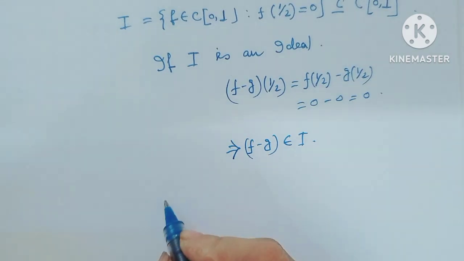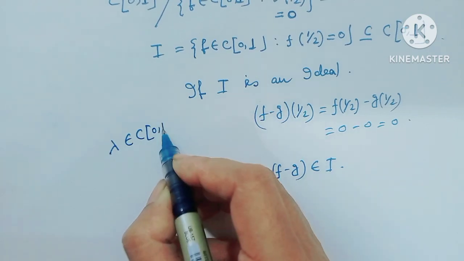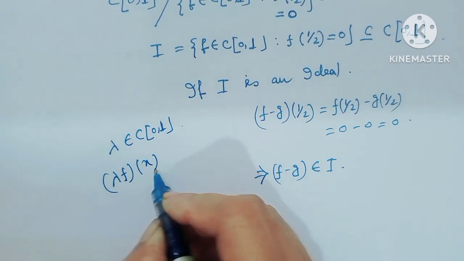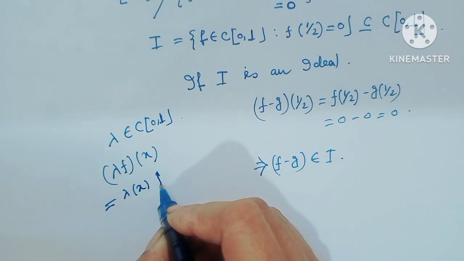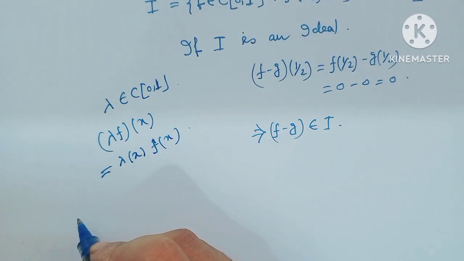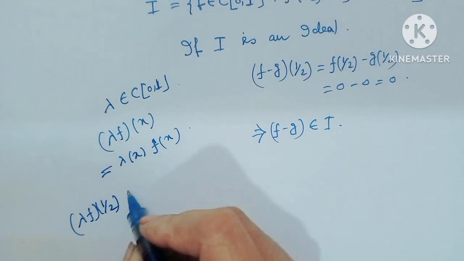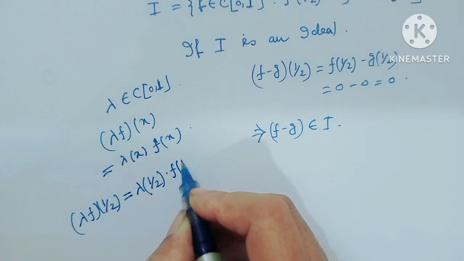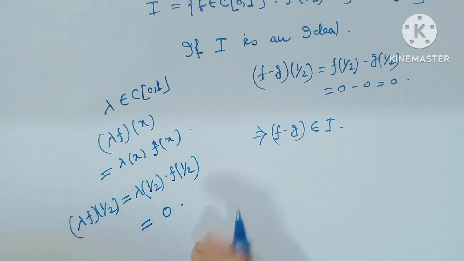Similarly, if lambda belongs to C[0,1], then lambda f at x, by the property, would be lambda of x times f of x, and if you put half, this would be lambda of half times f of half, and since f of half equal to 0, this value would be 0.